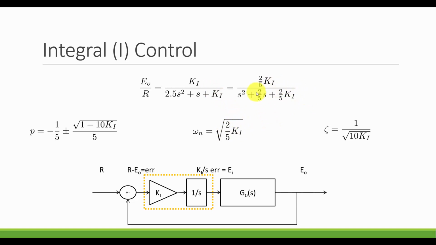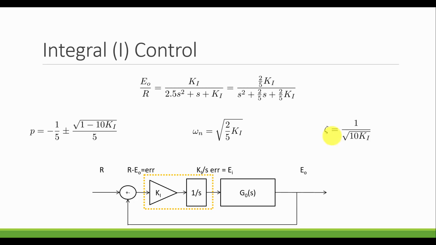And looking at the middle term, 2/5 is equal to 2 zeta omega n. So our choice of ki also affects our value of zeta. The damping ratio and the natural frequency of the closed loop system are affected by the gain that we select. So what does that mean?